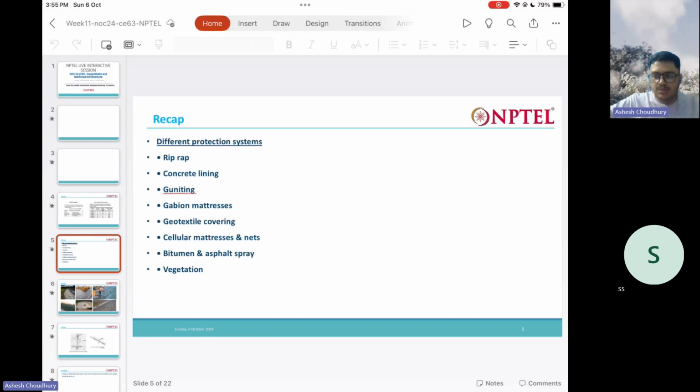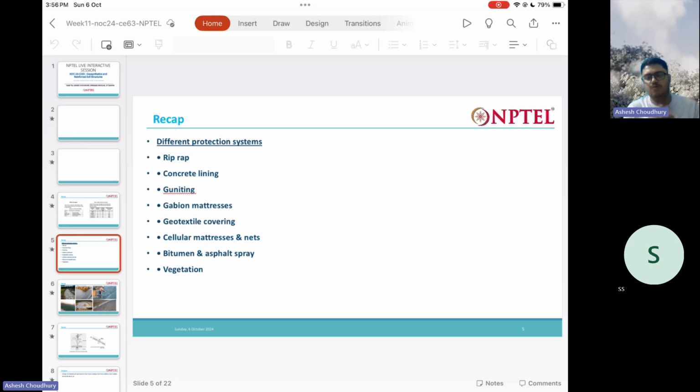Then geotextile covering, you already know. We place the geotextile on the sides to prevent erosion. Then cellular mattresses and net. A cellular mattress is nothing but your geocell. You place the geocell. You already saw these pictures in previous classes, like gabion, shotcreting, geocell covering.